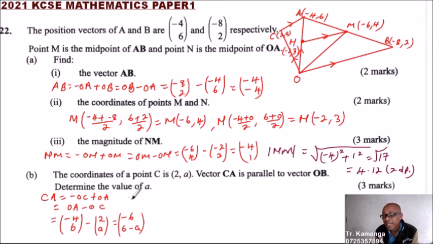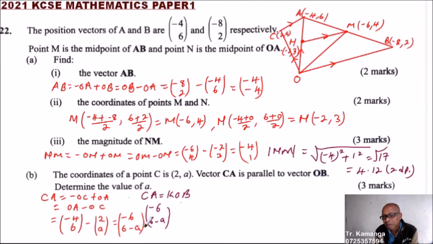Now that is our CA, and because we are told that CA is parallel to OB, we can express CA as a scalar multiple of OB, because they are parallel. We have found CA to be minus 6 and 6 minus a.